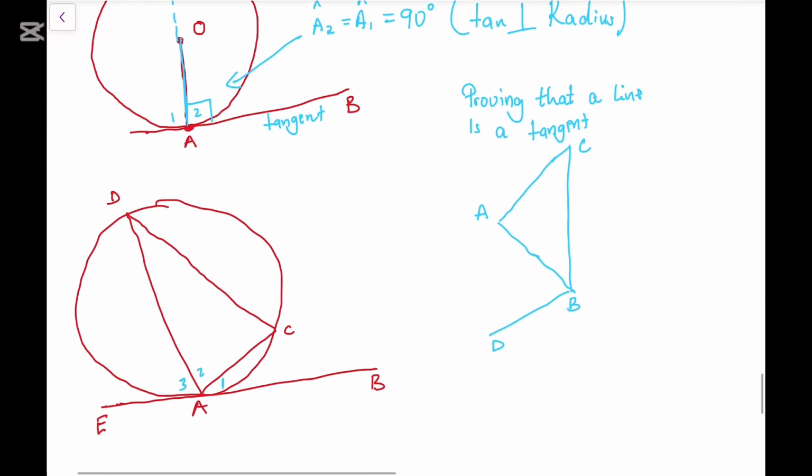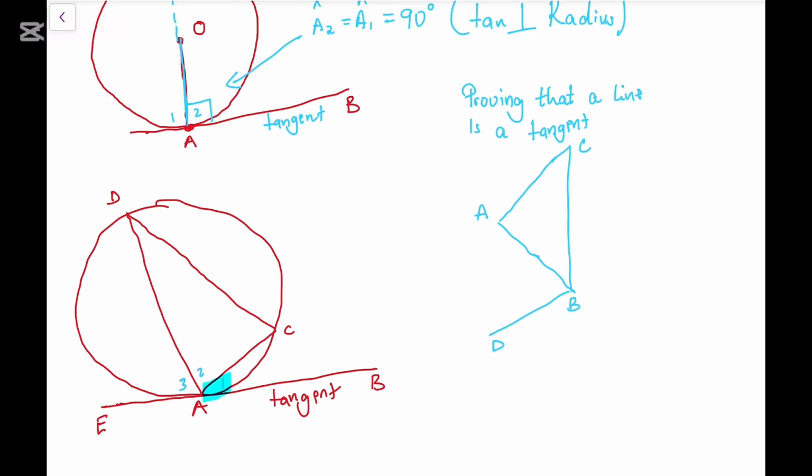So theorem number 2, this one is very popular. I don't think you will write any exam where the tan chord theorem is not tested. So this theorem says if you have a tangent, so here is our tangent, AB, the angle between the tangent and the chord drawn from the point of contact.